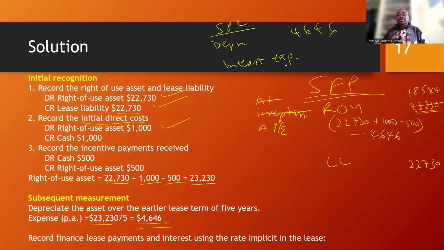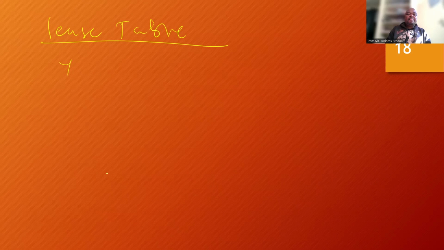But for you to get the interest expense, you need to do the amortization table. And that will be based on this figure, the initial figure. So you need to subject that figure to the lease liability amortization table. We start with the year, then the cash flow.